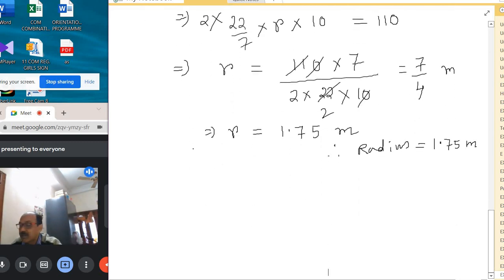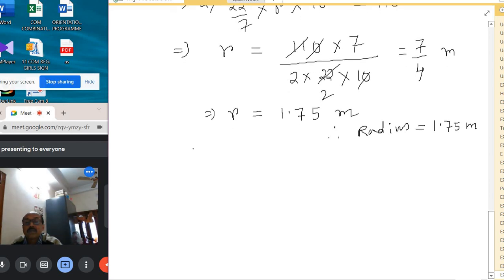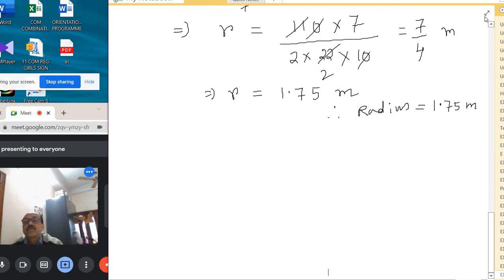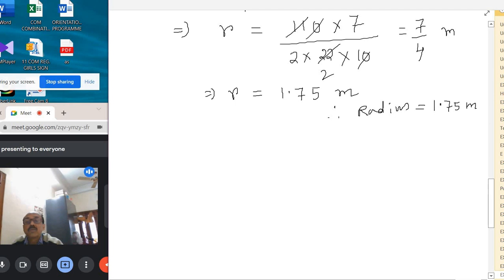Now one more question is there: the capacity of the vessel. What is the formula of capacity?